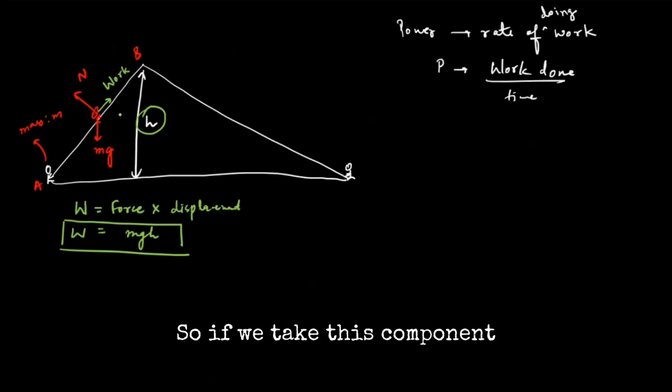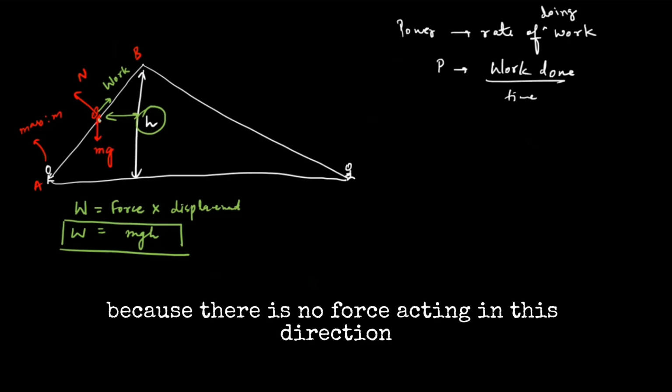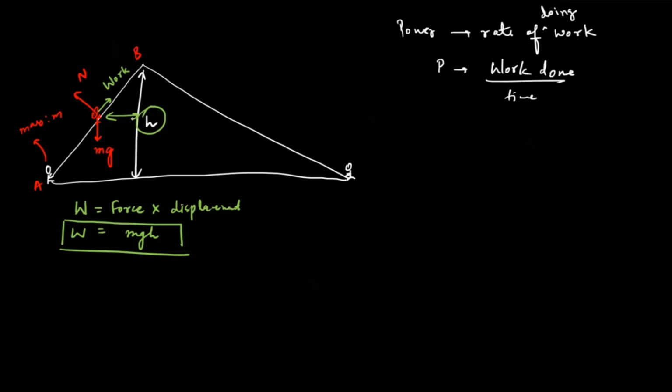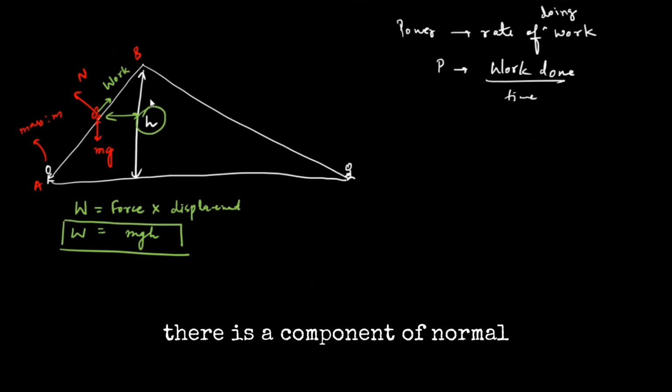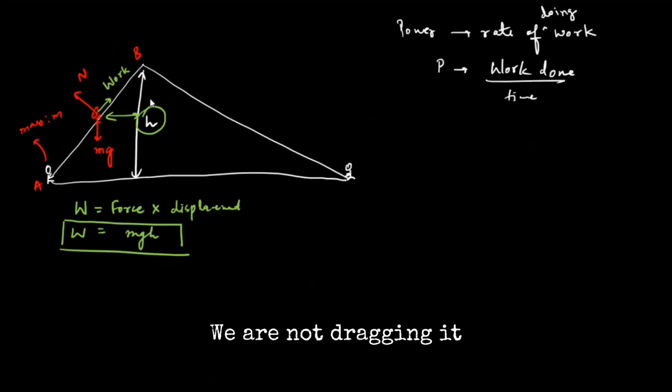If we take this component of displacement, then work is going to be zero because there is no force acting in this direction. Although we can say that there is a component of normal, when we walk up a hill, we actually move our foot by putting it to the next point. We are not dragging it.